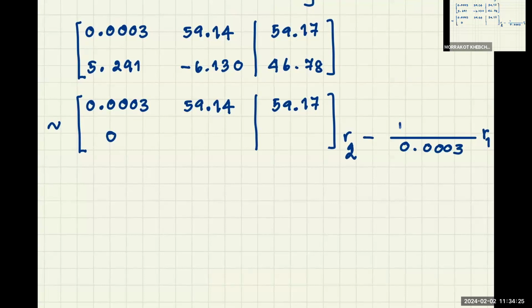And you want it equal to 5.291. Okay? So if you do this calculation, I want you 3 digits.